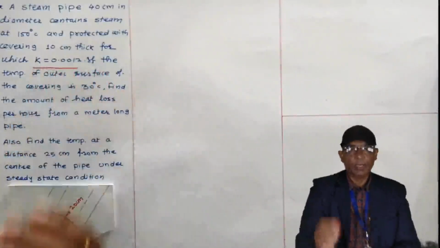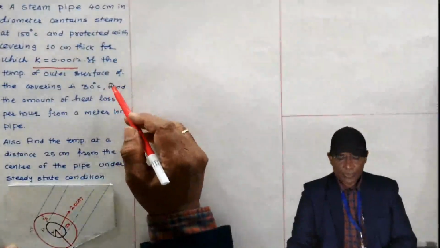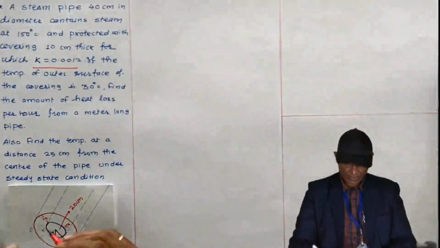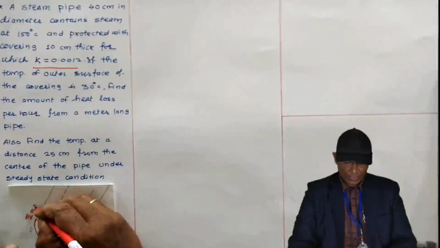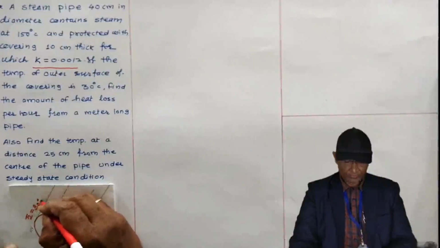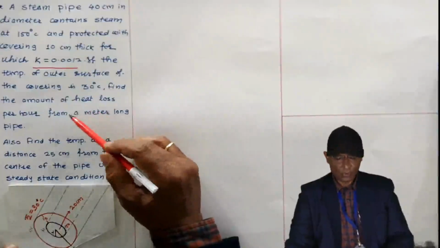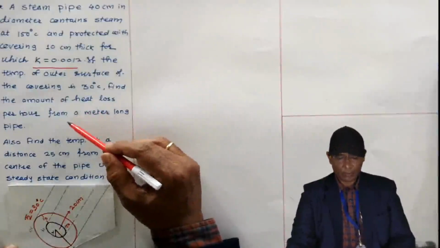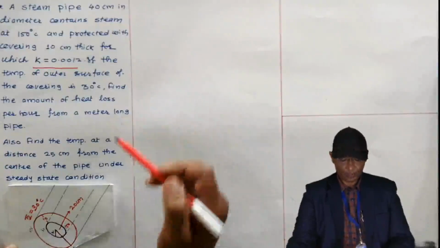Thermal conductivity of the material is given. If the temperature of the outer surface of the covering is 30 degrees centigrade, that means T2 is 30 degrees centigrade. Find the amount of heat loss per hour from a meter long pipe. That is the first question.